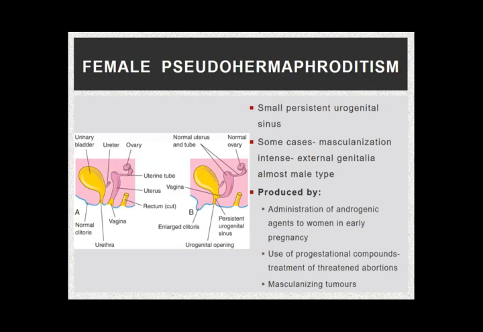That results in these abnormalities. Another unfortunate condition may be that the mother may be suffering from any tumor of the ovary or anywhere that produces androgenic hormones. These are called masculinizing tumors. A tumor that produces androgenic hormones.